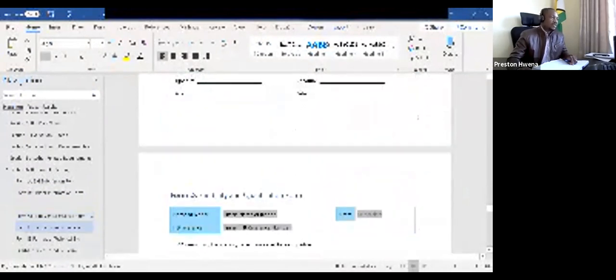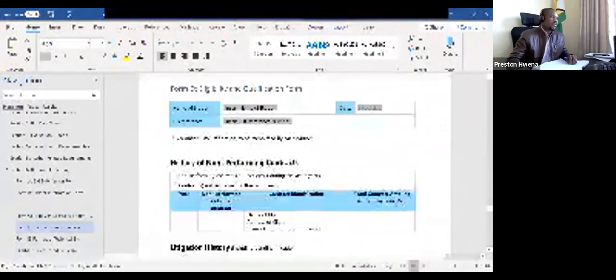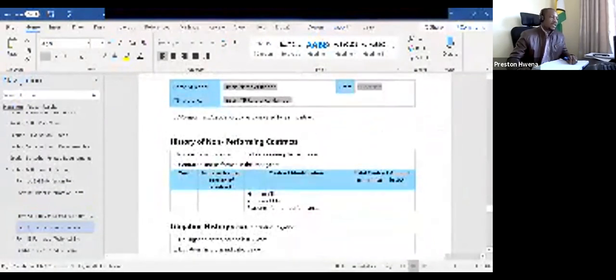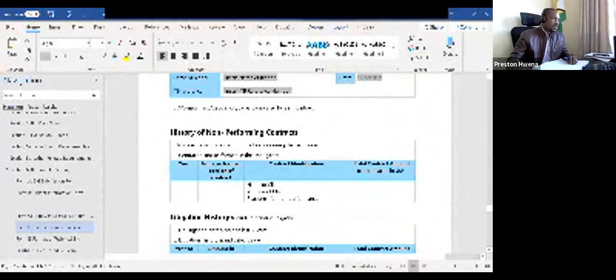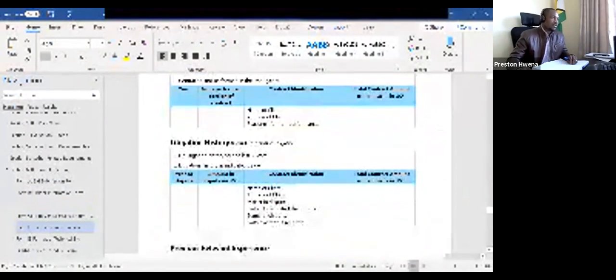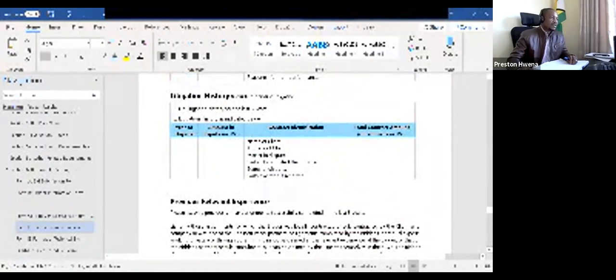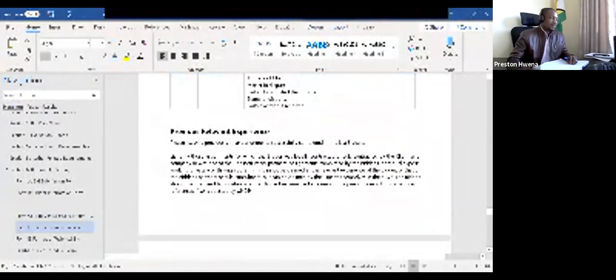In terms of the eligibility and qualification form, please take note of all the required information where you need to complete history of non-performing contracts, litigation history, previous relevant experience. Please note, these are only previous similar assignments successfully completed in the past 3 years.